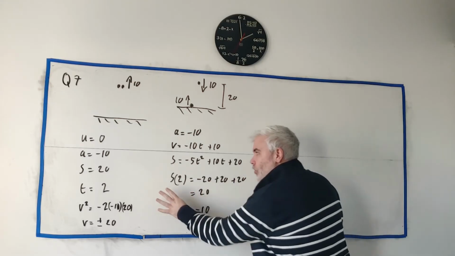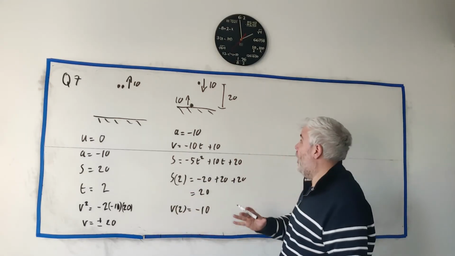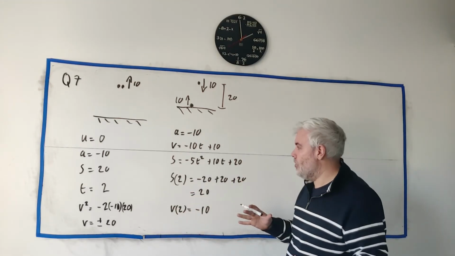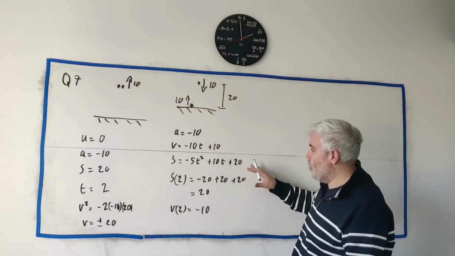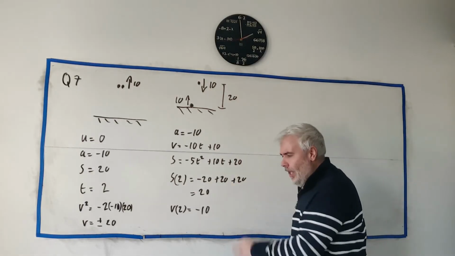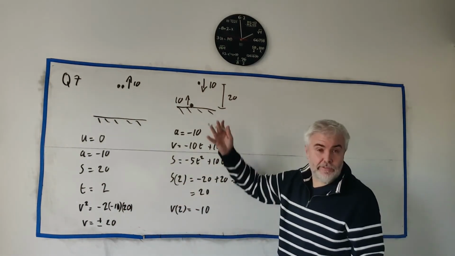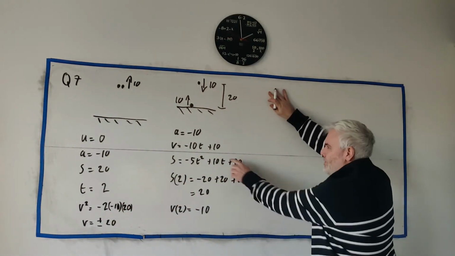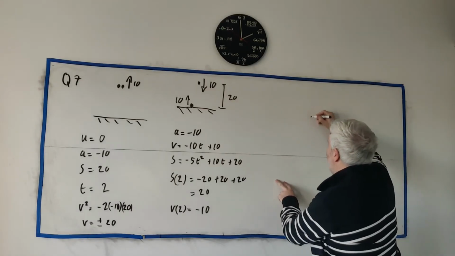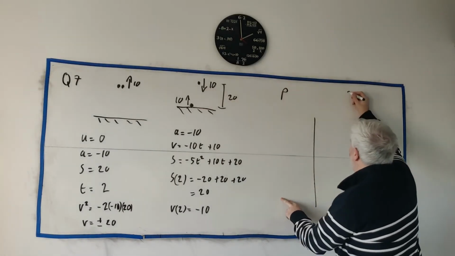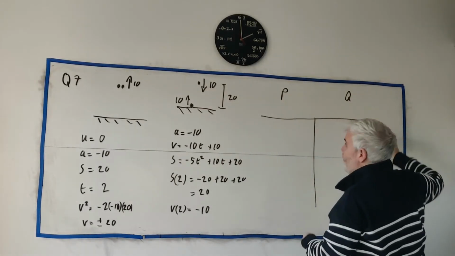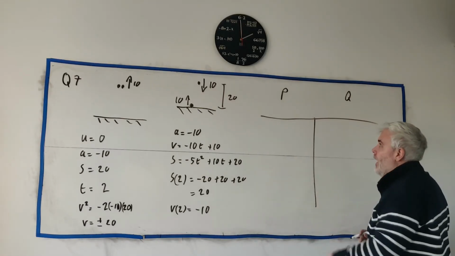So now that I've done that one question, let's do a whole new question. We definitely have to redo P because he's bounced off the ground. So let's stay doing this method here. Let's split the world into P and Q and find out where they are and what's going on.